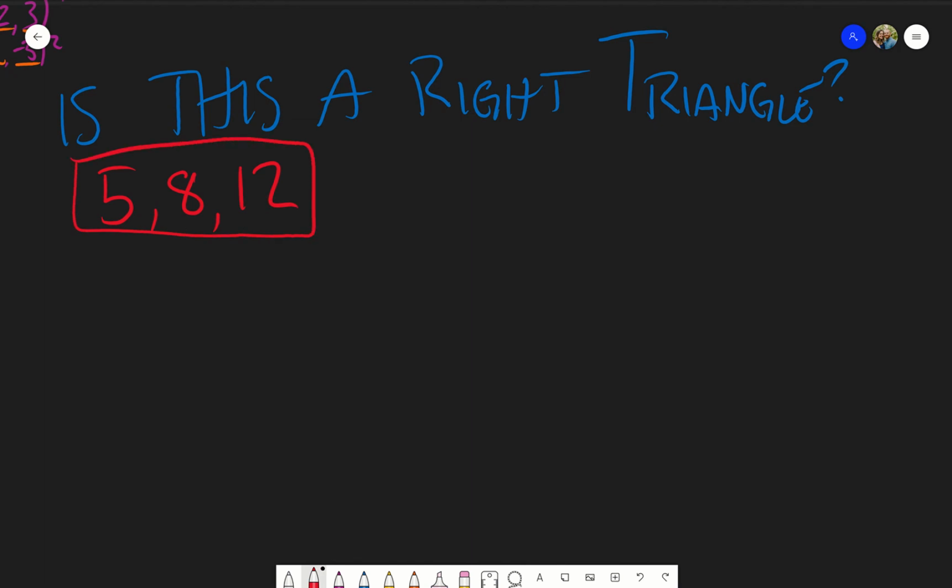Do these numbers make a right triangle? Now, these are all lengths of my triangle, and I want to see if this is going to work for me. The first way I'm going to do that is I'm going to use the Pythagorean Theorem. A squared plus b squared equals c squared. I'm going to remember c is always going to be my biggest number.